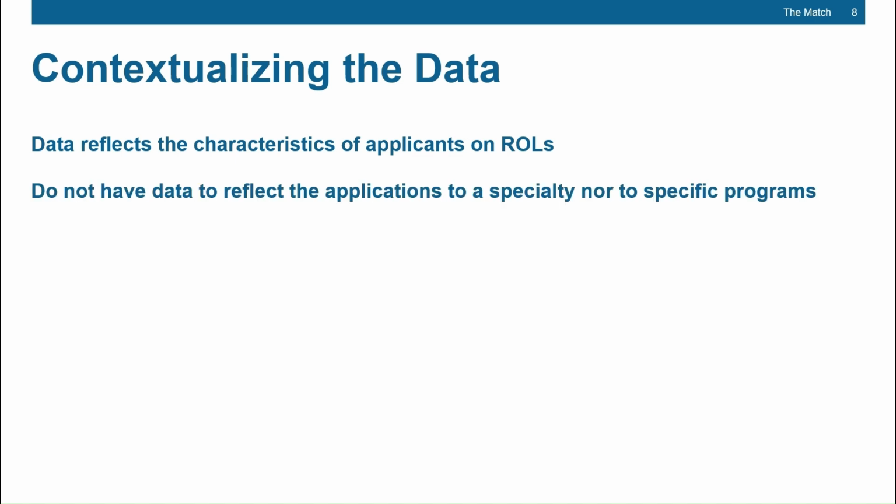One limitation of our study is that we do not have applicant pool data. In other words, we do not have data to reflect the applications to a specialty or to specific programs. So programs can only rank applicants who apply. Therefore, the applicant pool in part shapes these ranking behaviors that we'll be discussing.